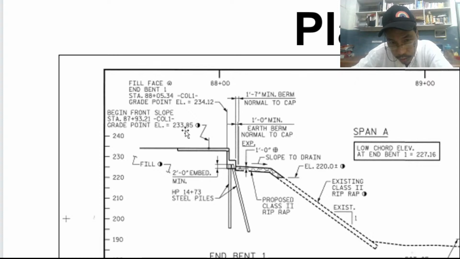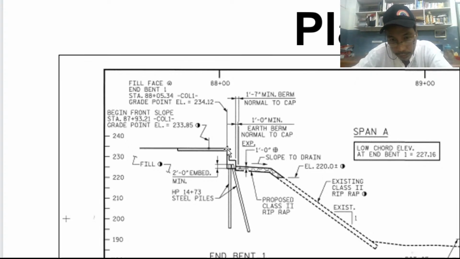Take note: 233.85, and then this is 220. We are using English units here, so it is in terms of feet. So there is about 13 feet from this point to this point. Imagine that elevation, 13 feet.